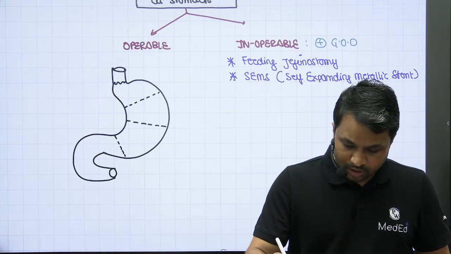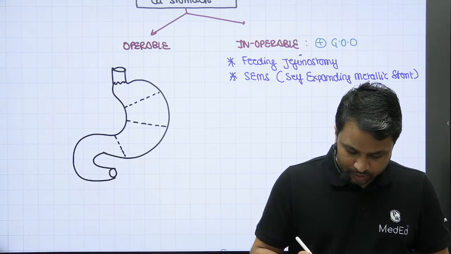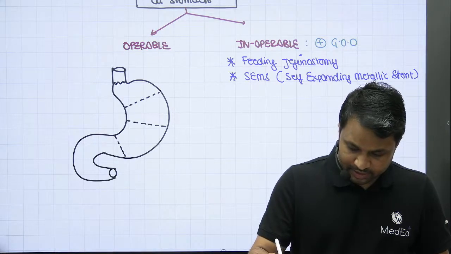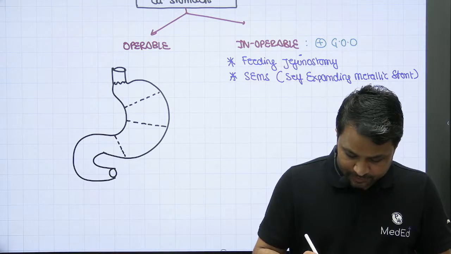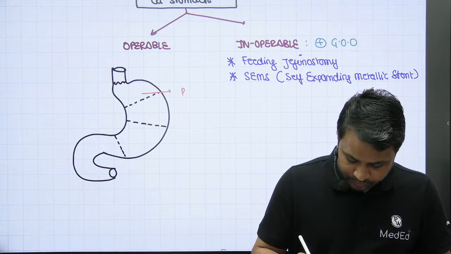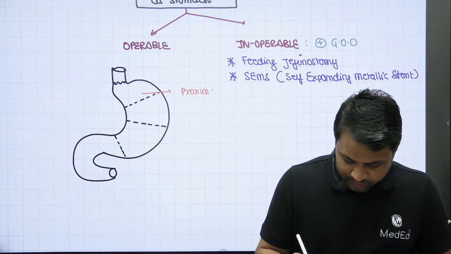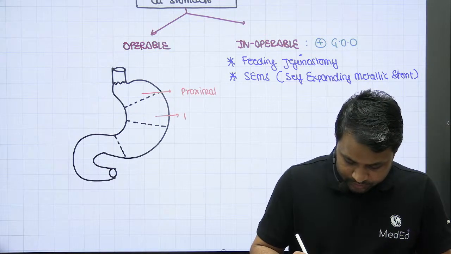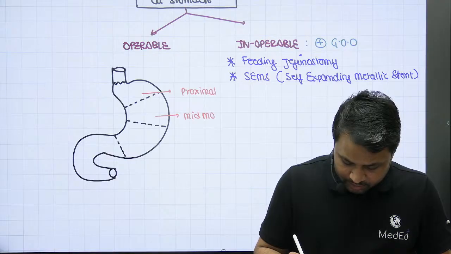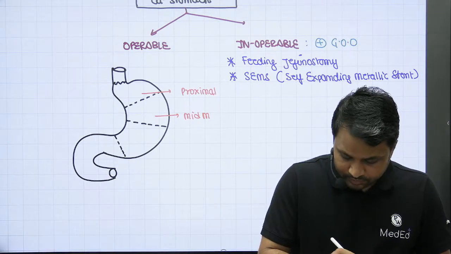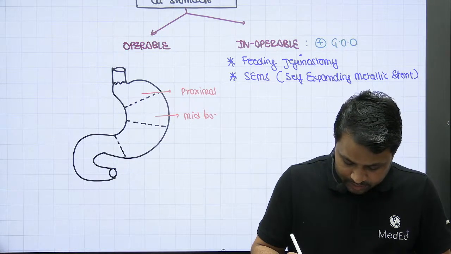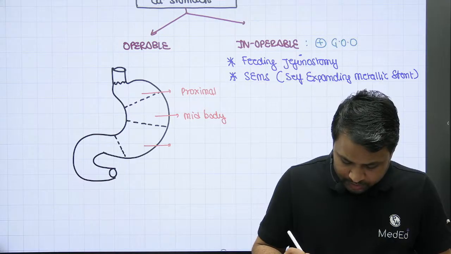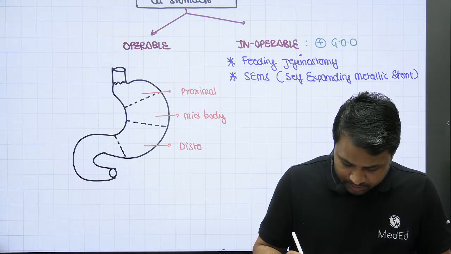Now, it all depends upon that how we are going to cater if it is present at different sites. Okay? If it is in the proximal, in the mid-body, or in the distal part of the stomach.